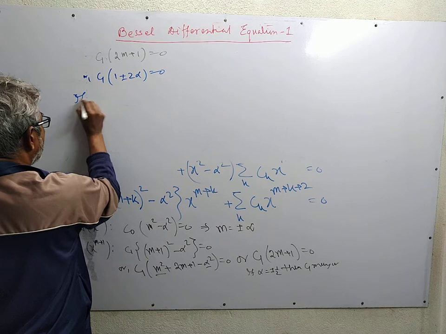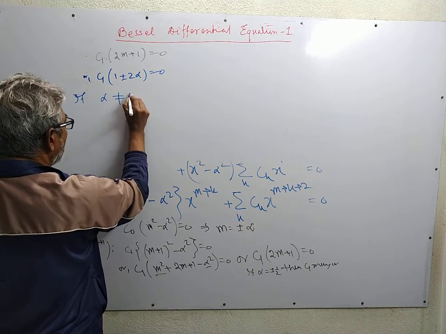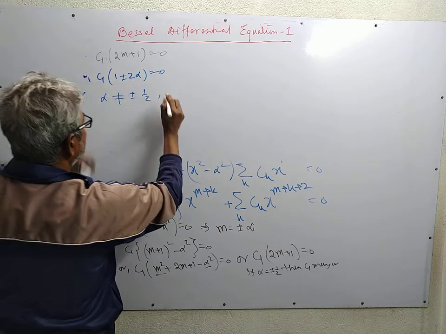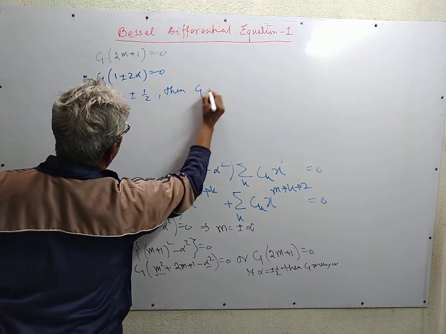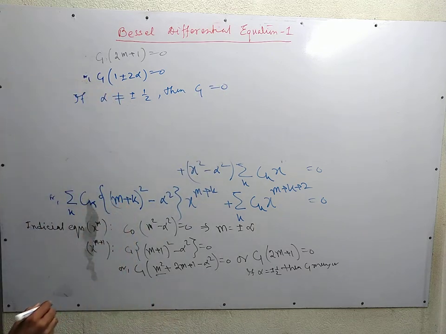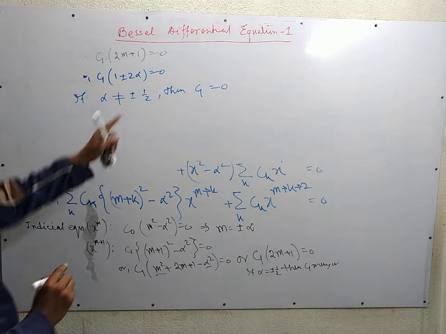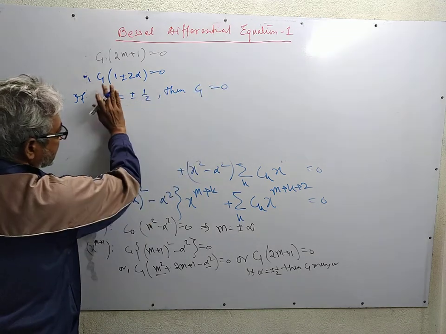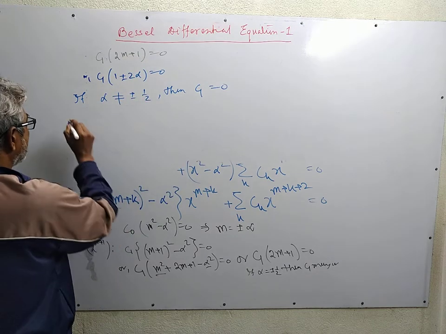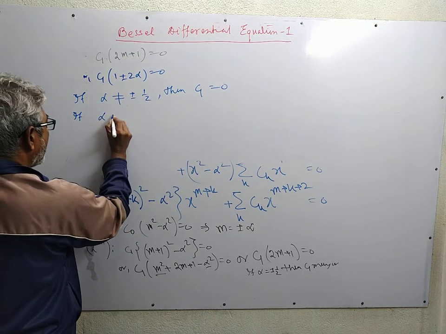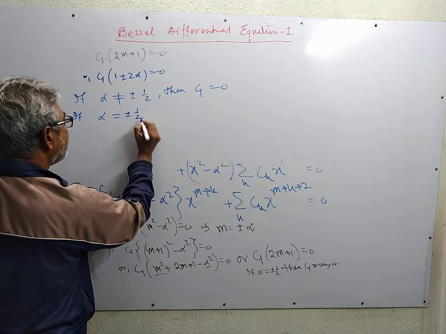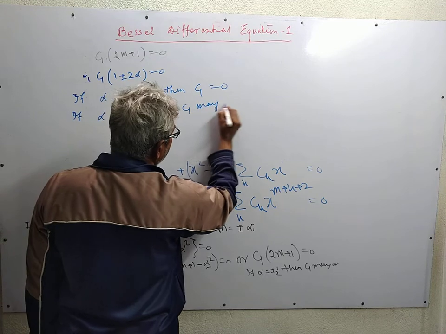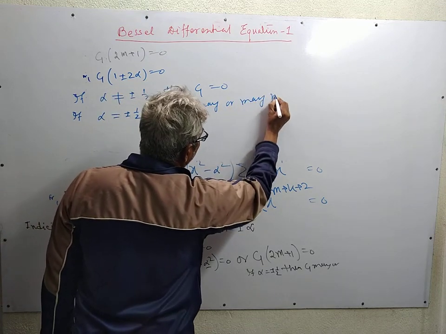Now if alpha is not equal to plus minus half, then this part is not 0, then c1 is 0. So we conclude that for alpha values other than plus minus half, c1 is essentially 0. If alpha is equal to plus minus half, then c1 may or may not be 0.